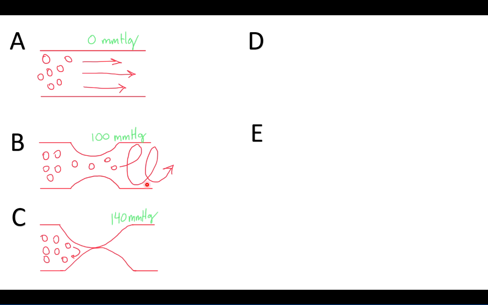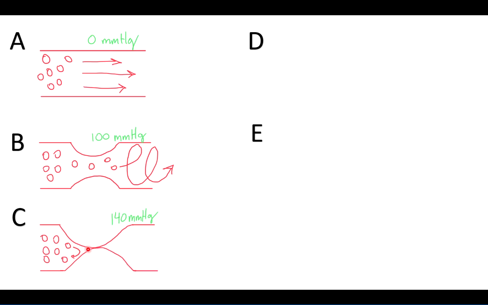If we were to increase the cuff pressure to 140 millimeters of mercury, that would be adequate to completely occlude the vessel wall. And typically, after we have occluded the vessel wall, we'll increase the pressure about 20 millimeters of mercury more to ensure that we have, in fact, completely closed the arterial vessel.